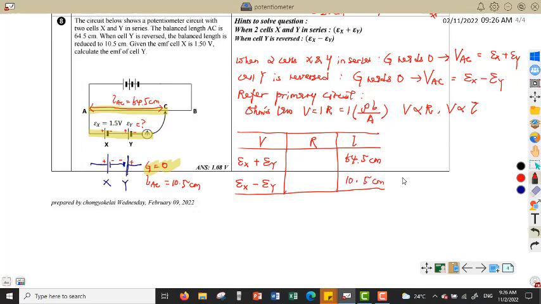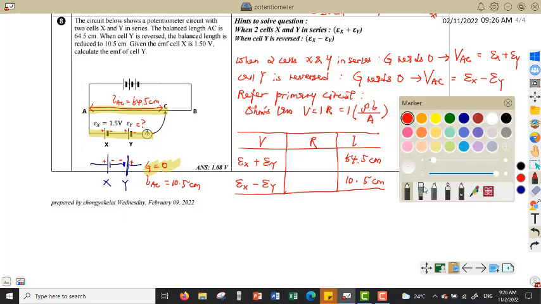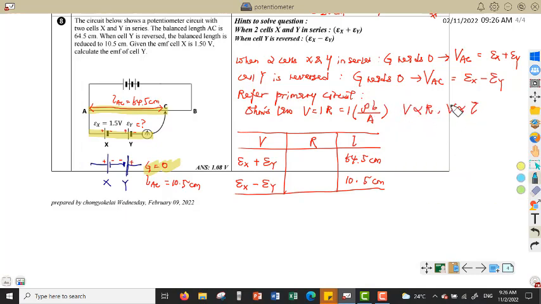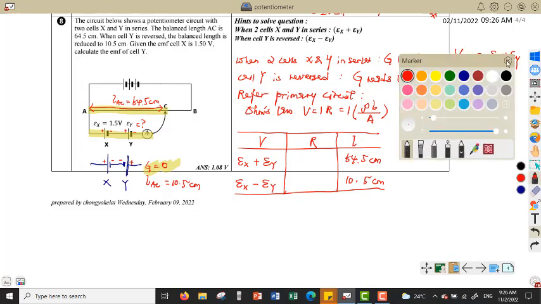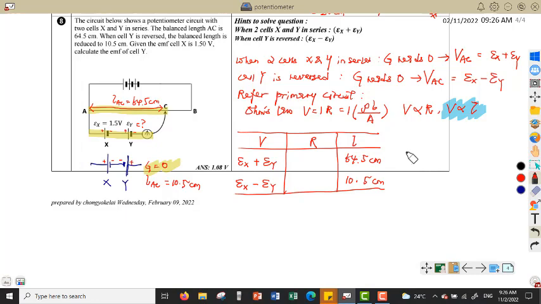Okay, so since we know that our voltage must be proportional to the length of the wire, we can apply the ratio voltage equal to ratio length concept to solve the question.